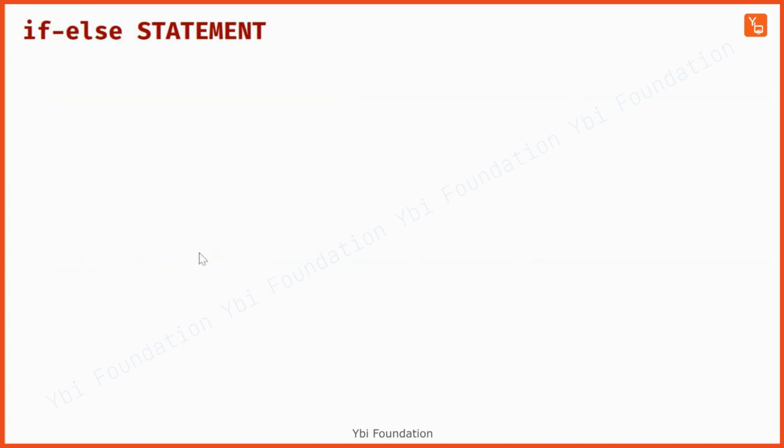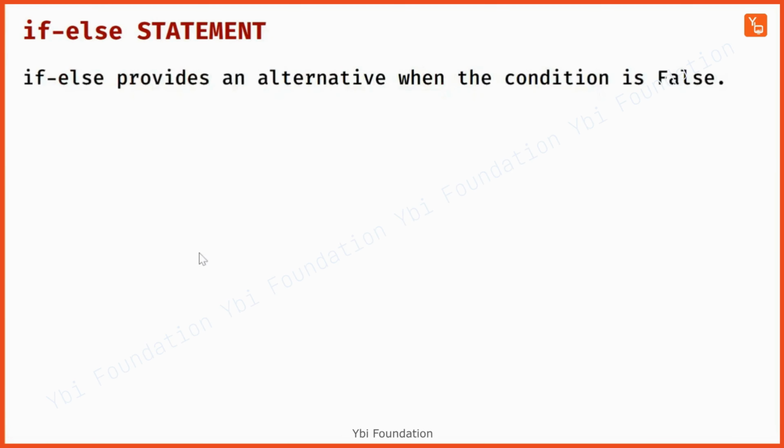Now let's understand the if-else statement. Many times we want an output even when the if condition is false. So if-else provides an alternative when the if condition is false. Again, understand this with an example. In this case, the age is 16.